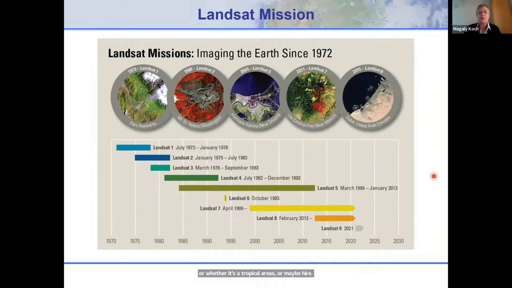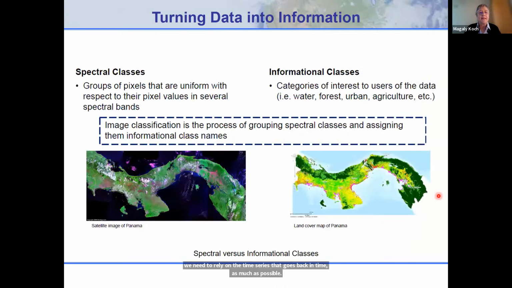We want to observe how these landscapes and all the features have evolved over time. So that's why we need to rely on a time series that goes back in time as much as possible, right?